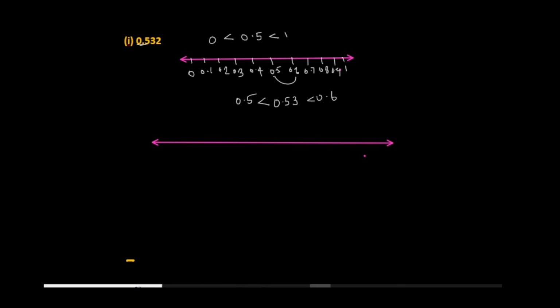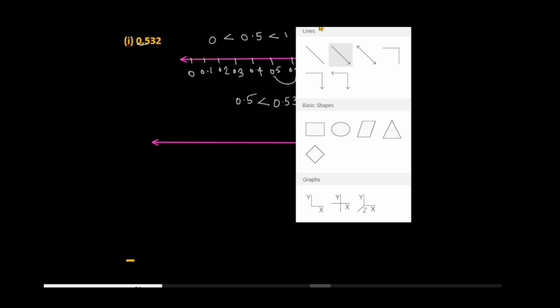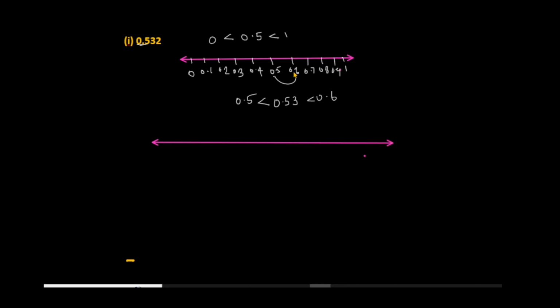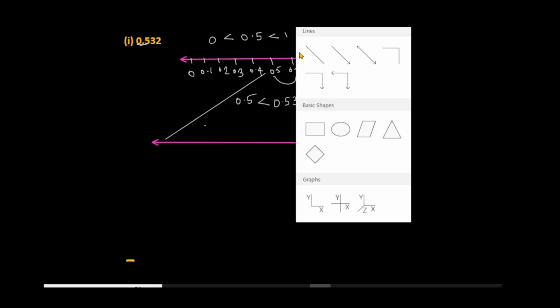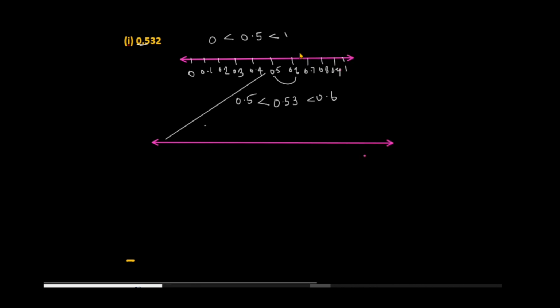Look here, this is enlarged like this and 0.6 I am going to place here, which means this is 0.5. 0.5 is nothing but 0.50.